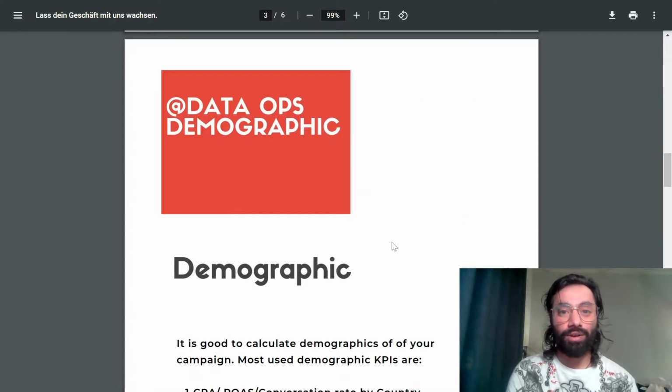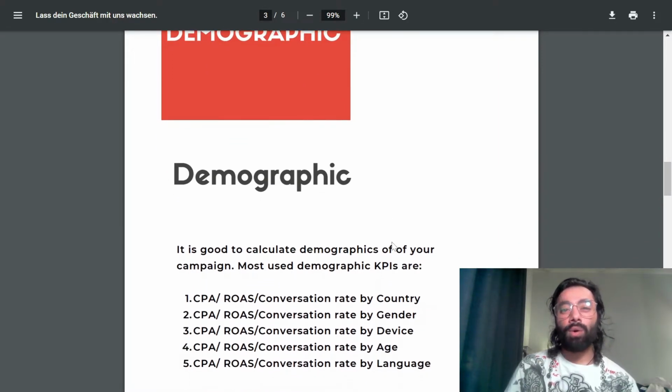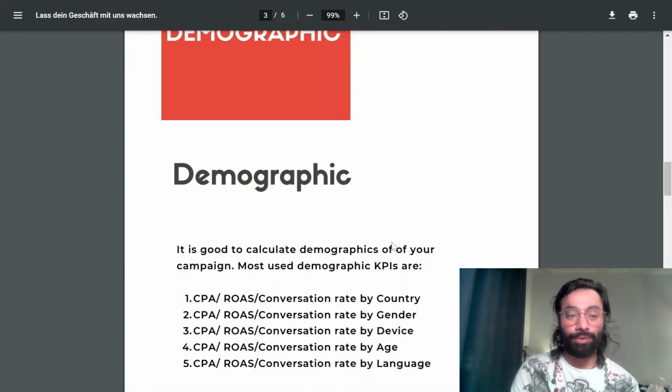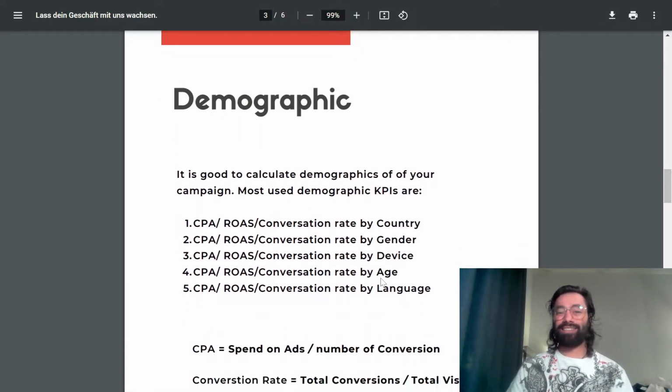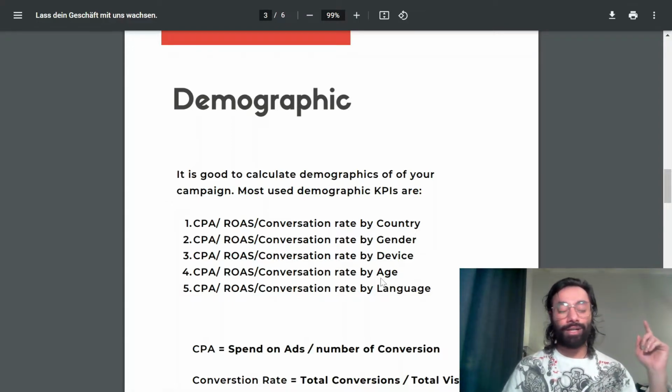Second one is demographics. Demographics is really important. If you want to calculate whom you should target in your next campaign, this one is really crucial. Well, what is a demographic? Demographics are basically your target audience's location, or country, or the devices, or the age, the language they speak, and so on.